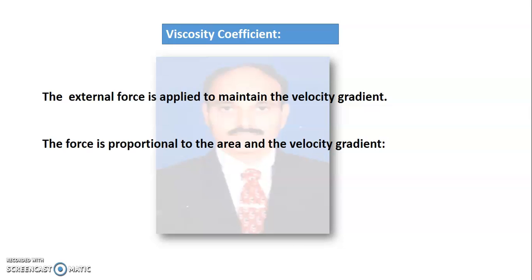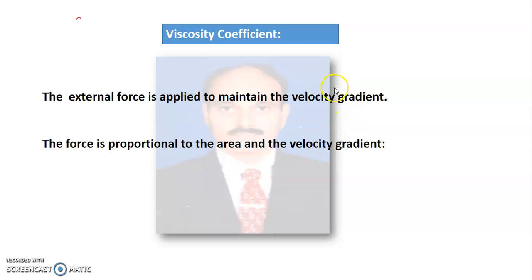The amount of resistance offered due to this force can be measured in terms of the viscosity coefficient, which is a constant value. In order to measure this viscosity coefficient, an external force may be applied to maintain the velocity gradient.